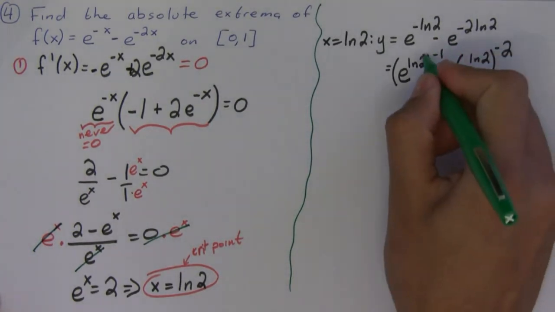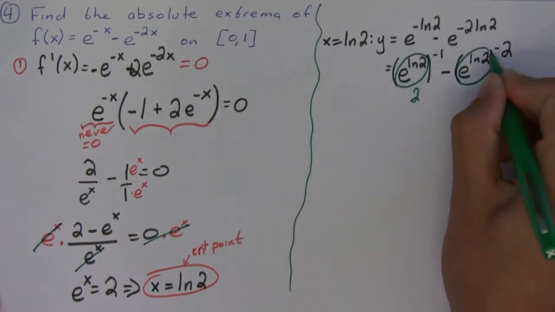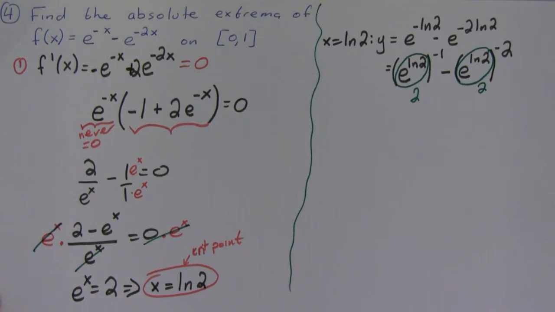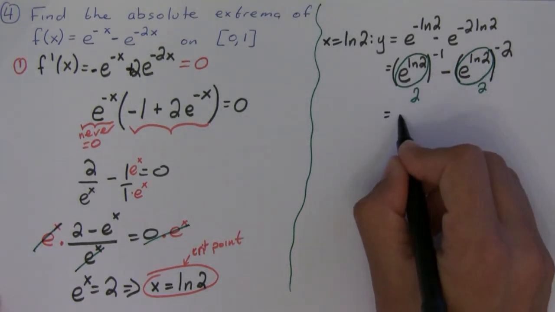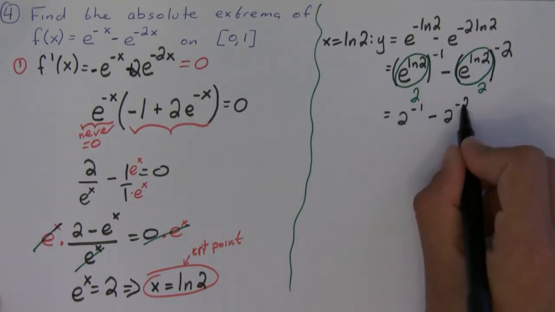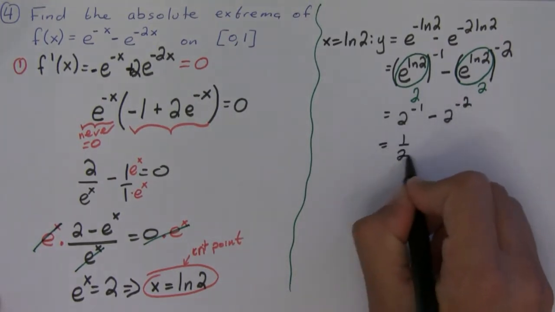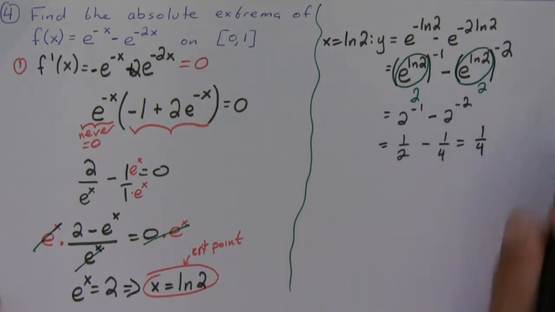Okay, but then e to the natural log of 2, well, that's just 2. So really what I have is that this is equal to 2 to the -1 minus 2 to the -2. Well, this is just 1/2 minus 1/4, which is just 1/4.